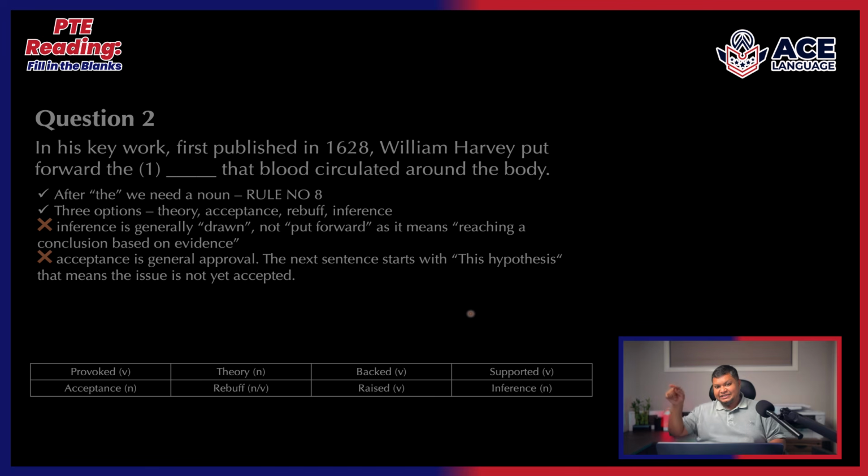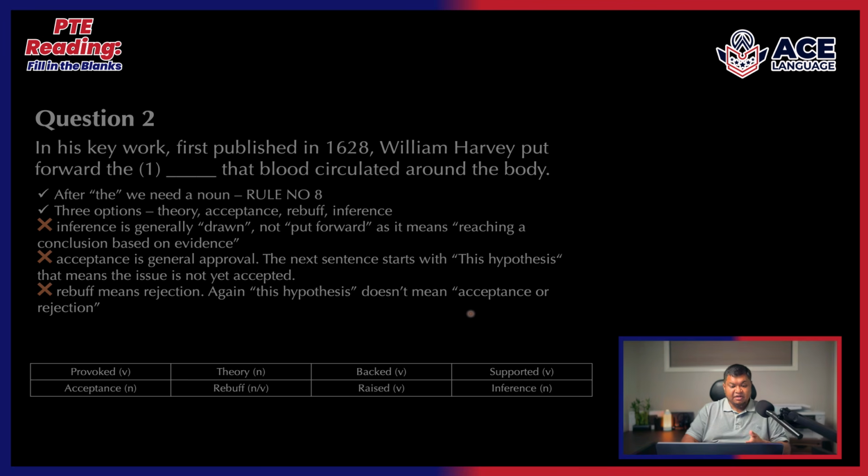Acceptance means general approval. But in the next sentence, the sentence starts with the words these hypotheses. Hypothesis does not mean it has already been accepted. That means acceptance cannot be used in blank number 1. Another option here is rebuff. Again, rebuff means rejection. If something is a hypothesis, that means it is not yet accepted, but also not yet rejected.